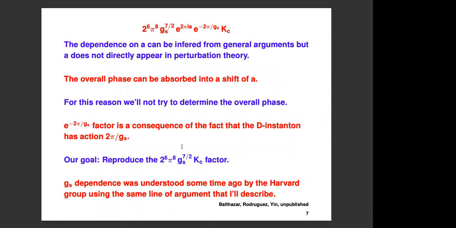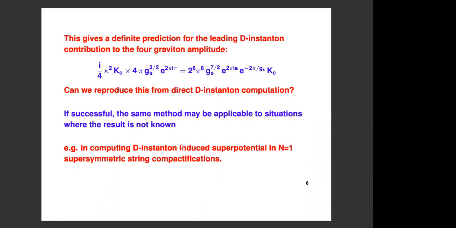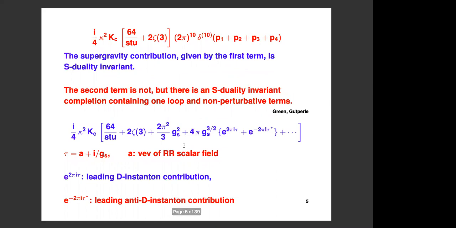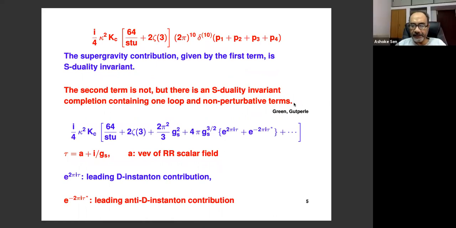I have a very remedial question. In the previous slide, you showed the S-duality completion of this zeta function term. Is that completion unique? I mean, does S-duality uniquely fix this? I think originally when Green and Gutperle proposed it, they couldn't prove that it's unique because it's non-holomorphic, so the constraints are much less.